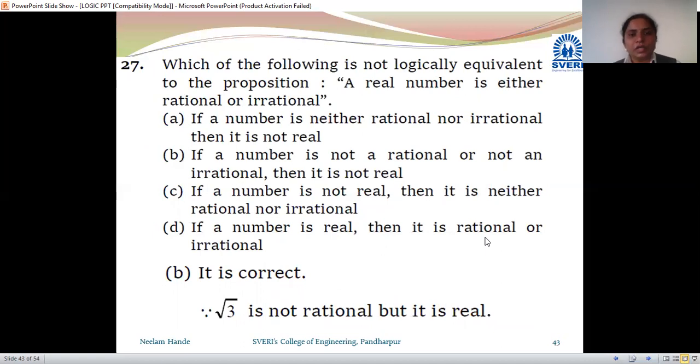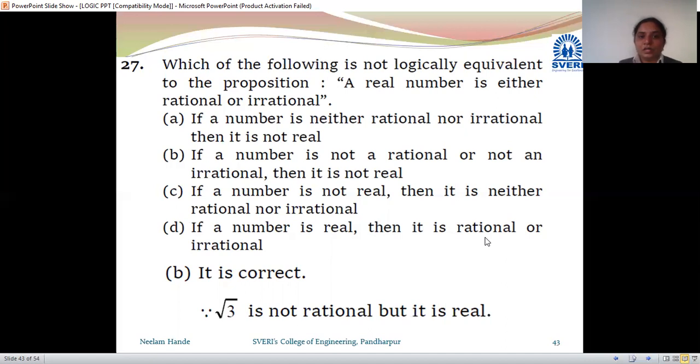Okay, next question. Which of the following is not logically equivalent to the proposition: a real number is either rational or irrational? This is the statement. The options: if a number is neither rational nor irrational, then it is not real. It should be logically equivalent.